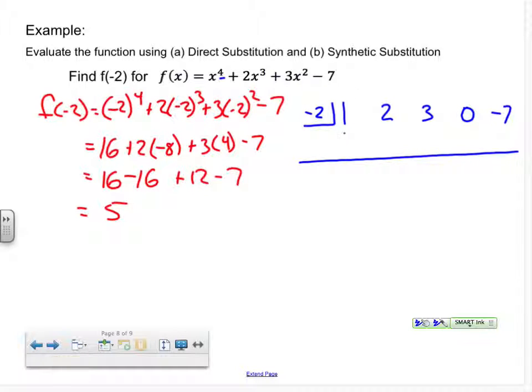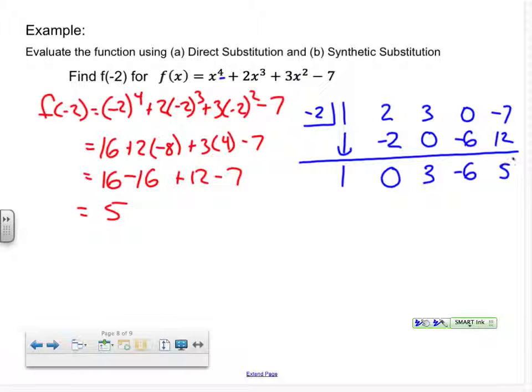We'll drop the 1 down and multiply. Repeat. Add and multiply. 0 times negative 2 is 0. Add 3 plus 0. Multiply. 3 times negative 2. Add and multiply. Negative 6 times negative 2 is 12.